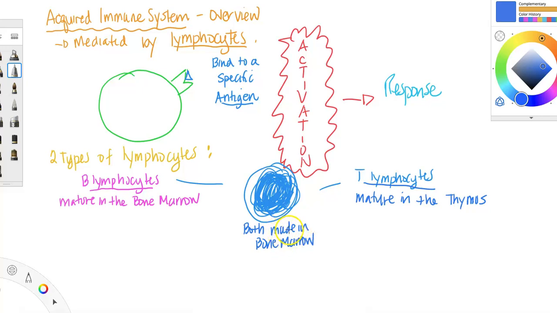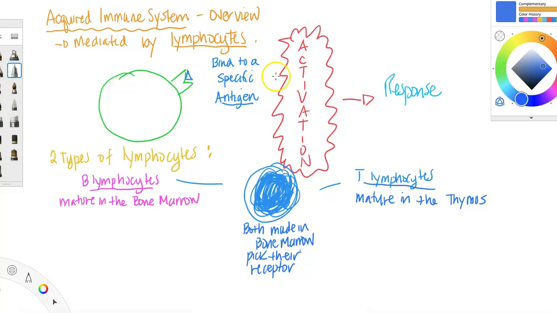In the bone marrow, when they're born, they get to pick their receptor. The picking of the receptor, of course, has to do with genetics, gene shuffling through the DNA and that kind of thing. But essentially, they get to pick their receptor.